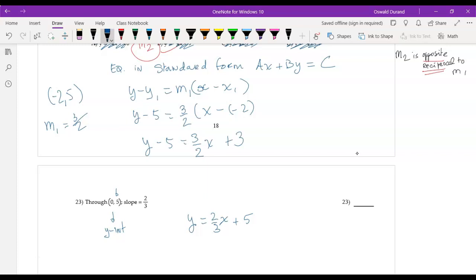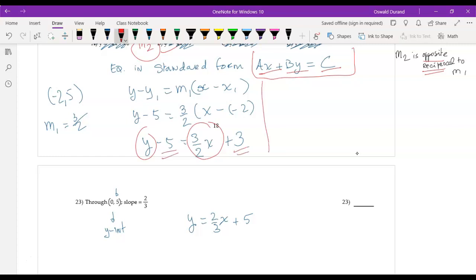Okay? Now, the next step will be to put it in standard form. Let's not forget that the standard form is this here. So now we're not solving for y and putting y equal to mx plus b. That's not what we're doing. What we're trying to do here is to put the x term and the y term on the left side and the constant terms on the right side. So that means I want to combine this one and this one on the same side, and then these two on the right side.